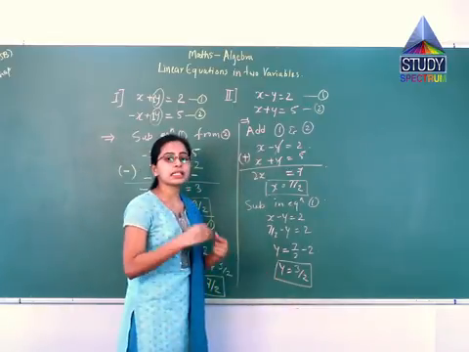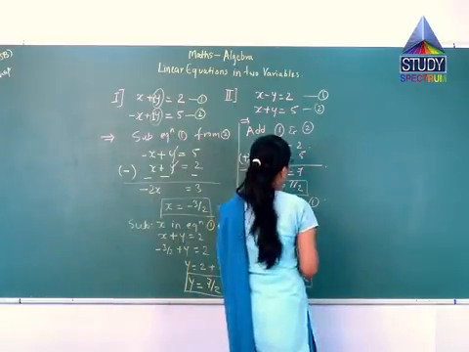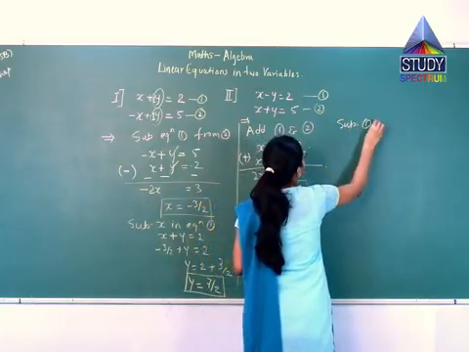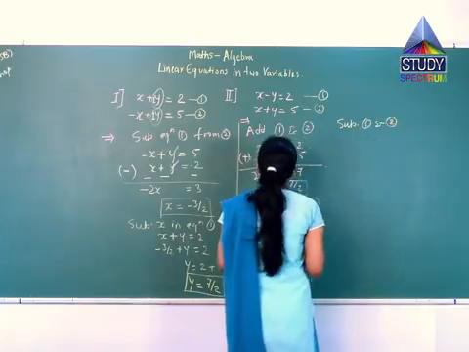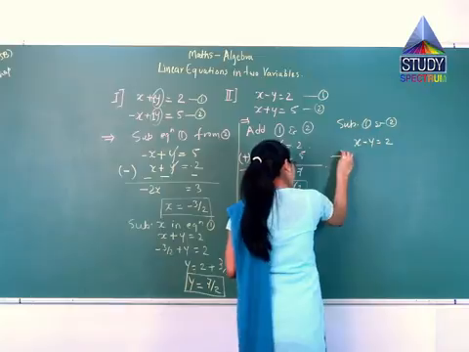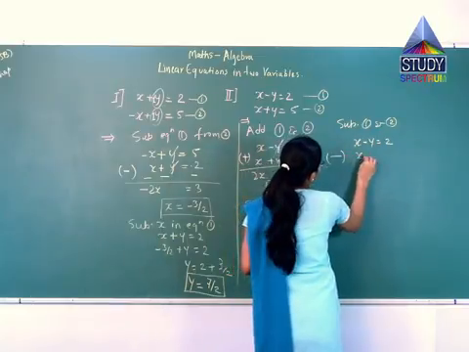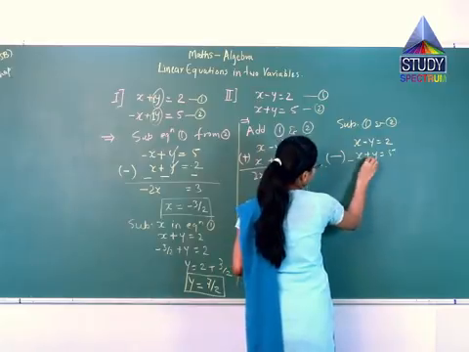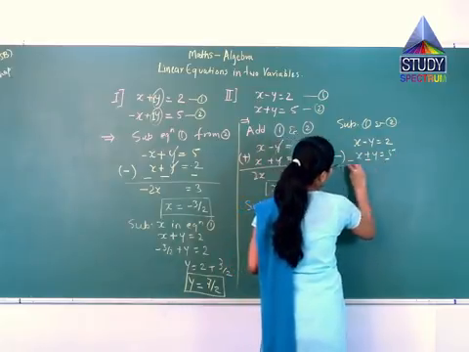In the second way, we can subtract these two equations. Suppose I write it here. Subtract 1 and 2. So x minus y is equal to 2 minus x plus y is equal to 5. So the base sign will change.